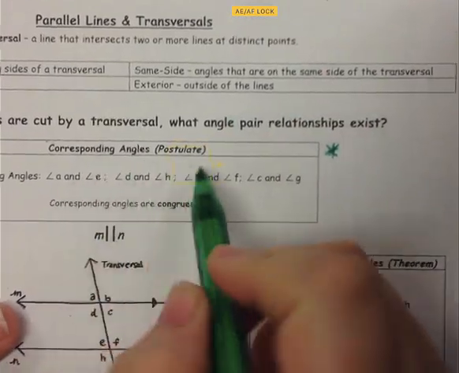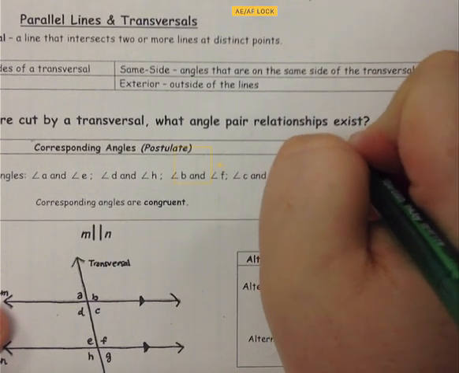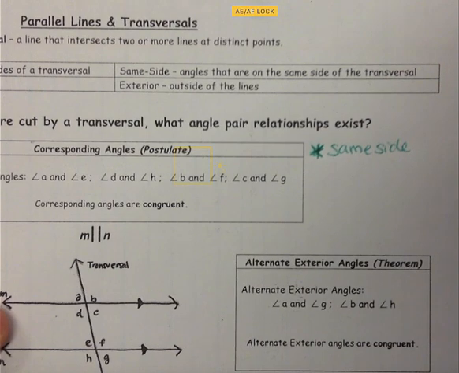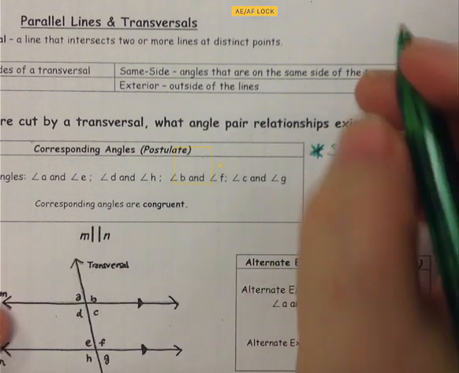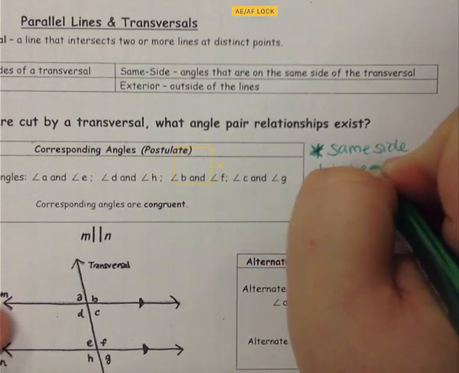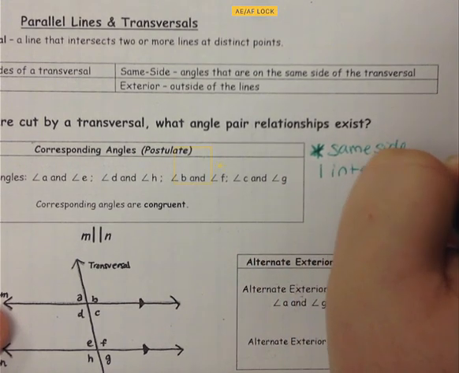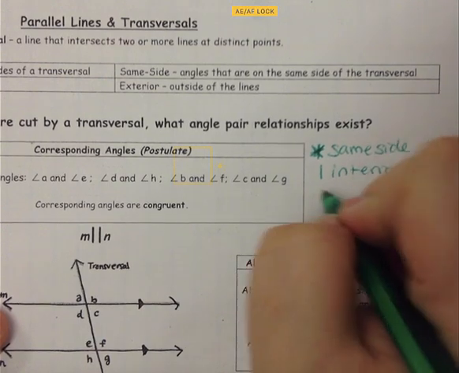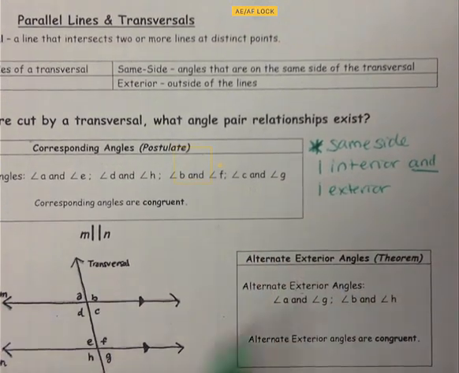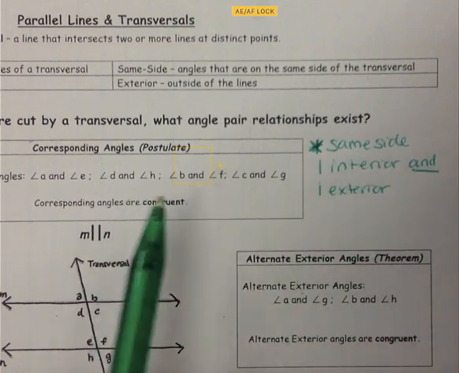So corresponding angles have to be on the same side of the transversal, but you're going to have one interior angle and one exterior angle. This is the only type that does this.